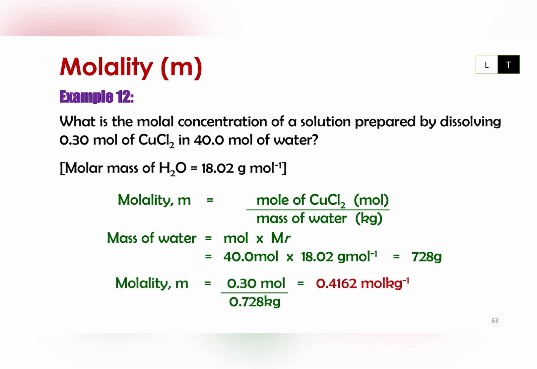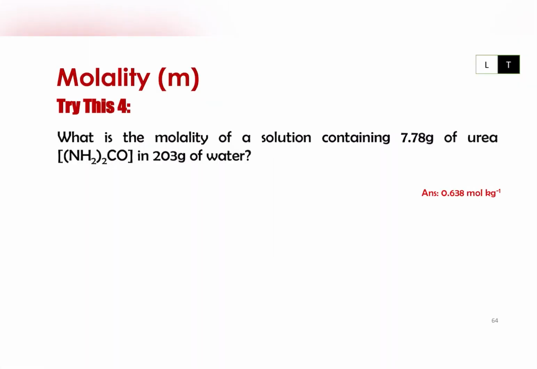So I will have 0.4162 mole per kilogram as the molality of this solution. It is very important for you to memorize the formula, and please take out the information given from the question. I leave it to you to try this so that you can practice with this example.